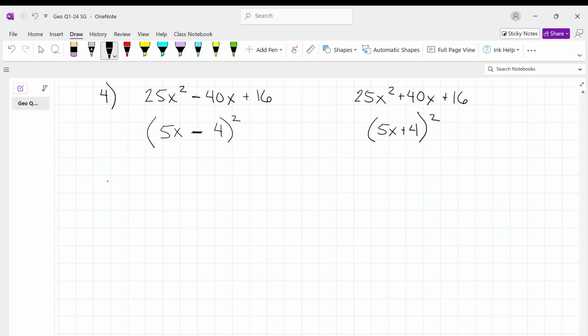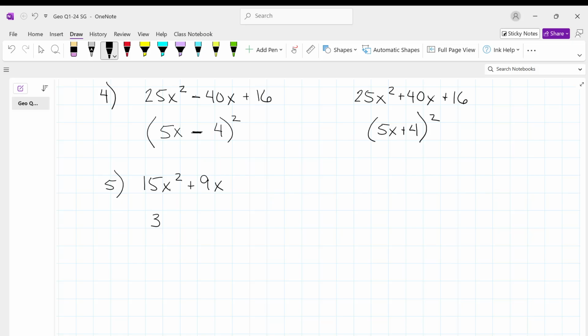And then problem number 5, we've got 15x squared plus 9x. All right, in this case, we don't have a trinomial. It's just a binomial. So all you're doing here is pulling out the greatest common factor. You're finding the largest factor that goes into 15 and 9 evenly, and that's 3.